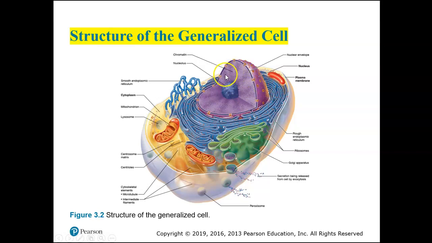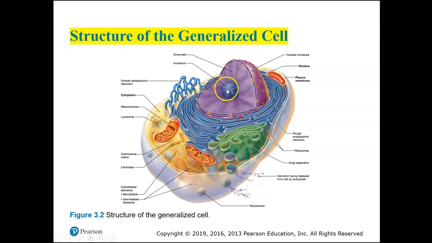The DNA in the nucleus of a cell at rest is all scattered and spread out, and it's called chromatin. And then inside the nucleus, you can have one or more of these structures. This is a nucleolus, but sometimes there can be two, sometimes more.